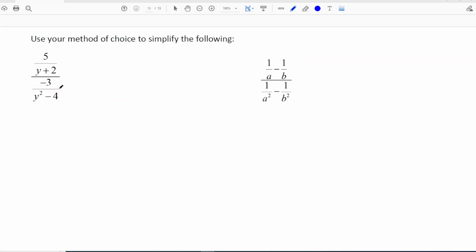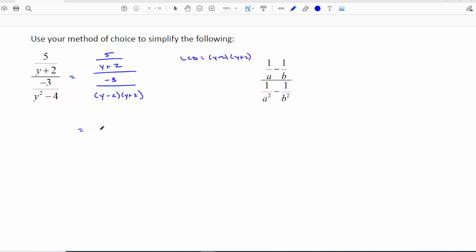So you have 2 choices with this one. This one is a great one to do method 1, or what I would do first with this one is maybe factor. So this is 5 over y plus 2 all over negative 3 over, this is a difference of squares. Remember, whenever you're finding a lowest common denominator, you want it in factored form. We've been practicing that all the way along. So now you can see that your lowest common denominator is y minus 2, y plus 2.